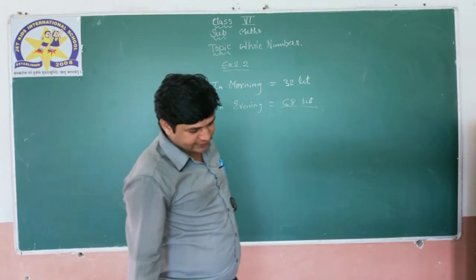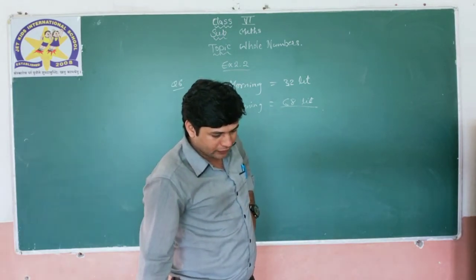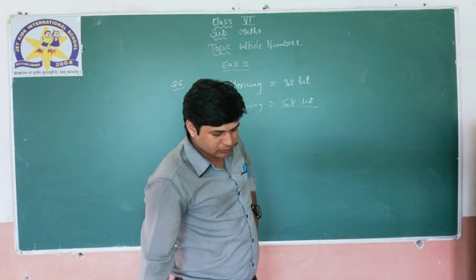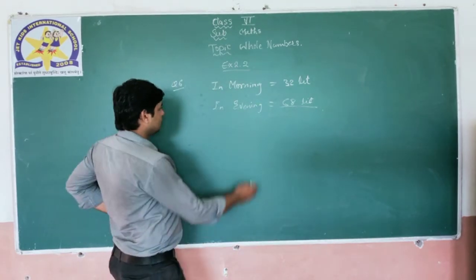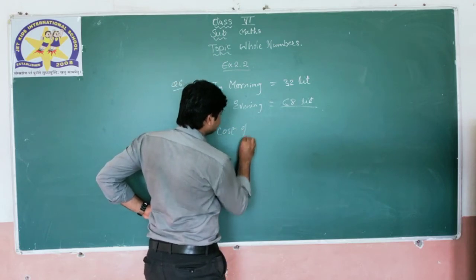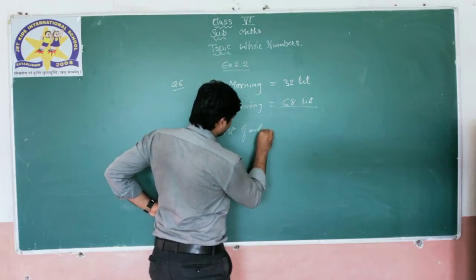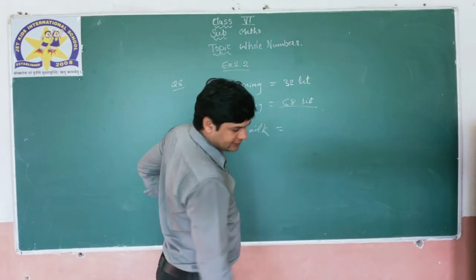So the question is, if the milk costs rupees 45 per liter, how much money is due to the vendor per day? So the cost of milk per liter is 45 rupees.